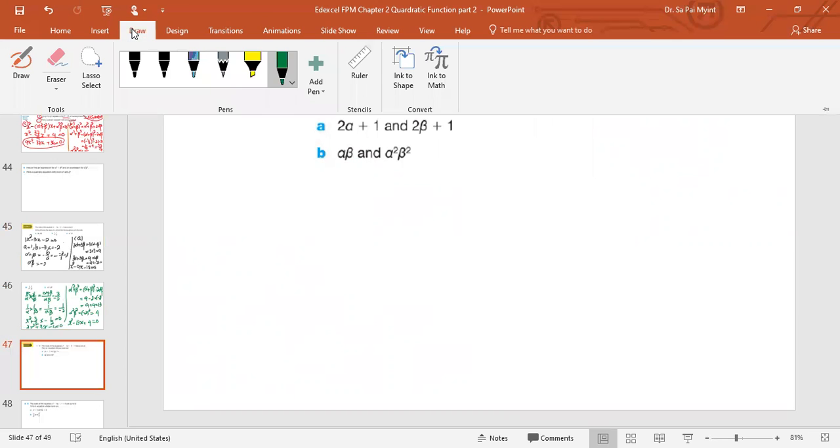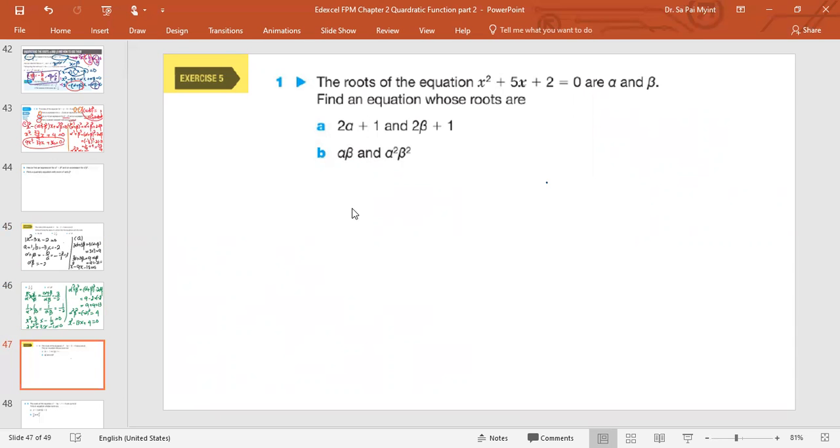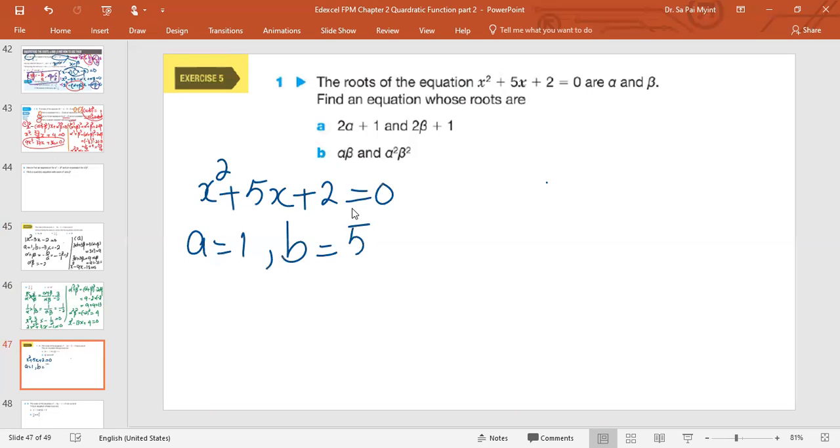Okay, first we need to find alpha plus beta, basic. What is the equation? x squared plus 5x plus 2 equals 0. You need to write down a equal to 1, b equal to 5, c equal to 2.